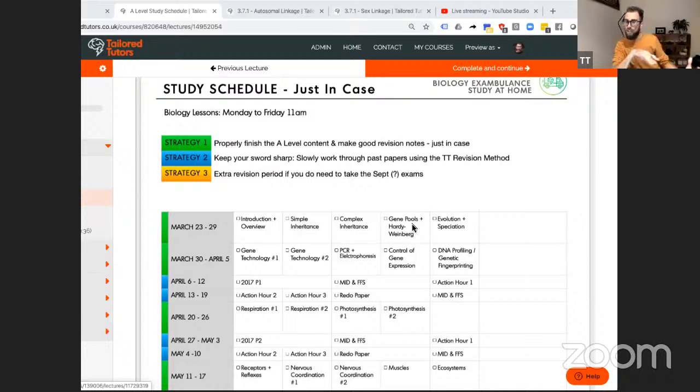The AS is actually going to go down the pan when we get to gene technology, because there's not much precursor to that. I think I will cover the simple DNA stuff that underpins all of that, mostly the stuff the AS students haven't done yet. Okay, so that's what we're doing. Again, this is all based upon the feedback you gave me in that first session when you told me what you hadn't covered yet.